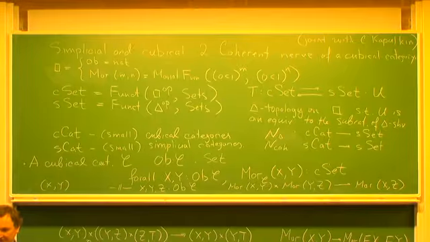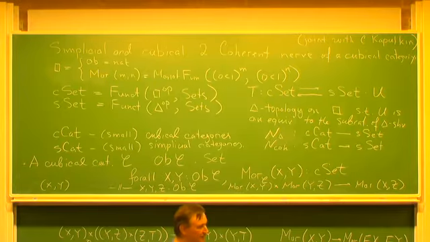Because when I define a nerve of a category, it's a simplicial set whose set of vertices is the set of objects of the category, but the collection of objects of the category is not a set. So I get a difficulty.